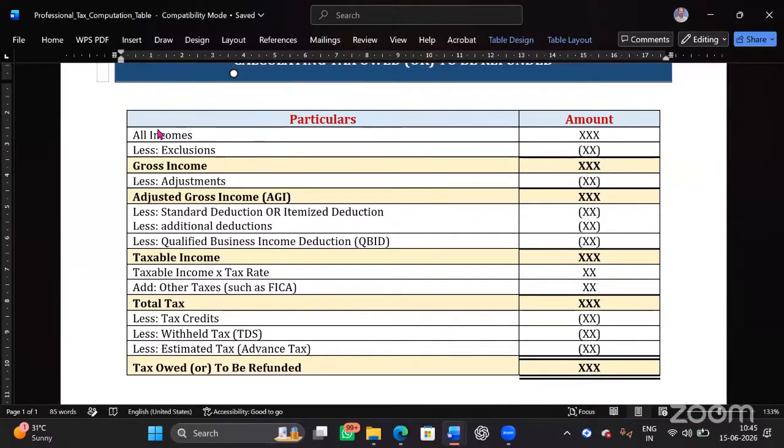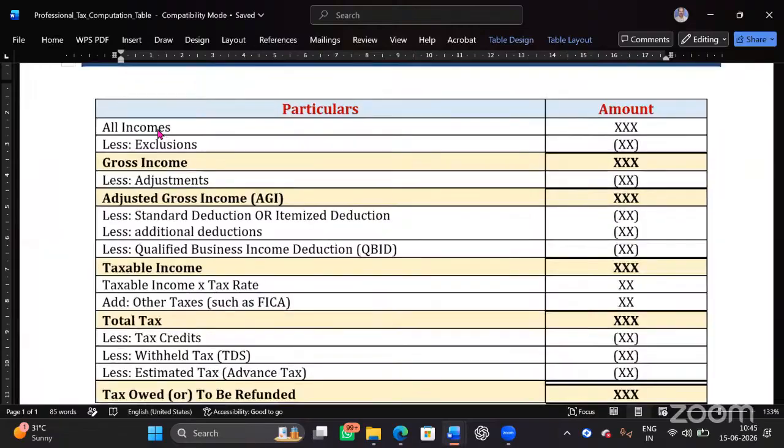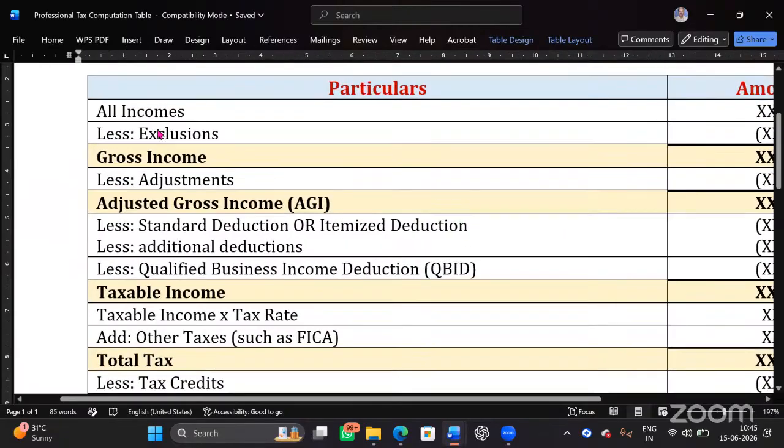That extension is Schedule 1, Schedule 2, Schedule 3. Schedule 1 is nothing but a list of adjustments. Apart from income tax, we are also going to pay a variety of taxes, and that list is given in Schedule 2. Schedule 1 adjustments, Schedule 2 additional taxes.